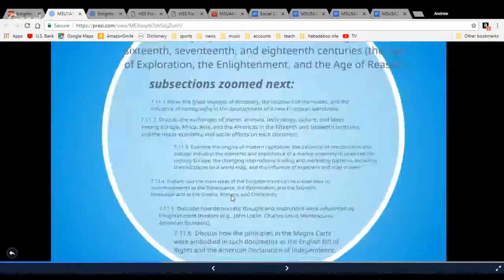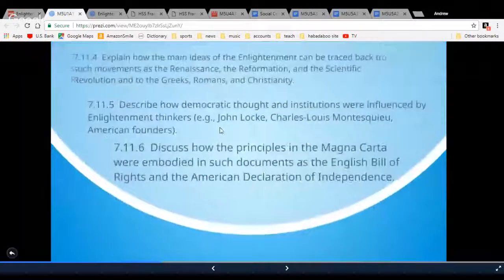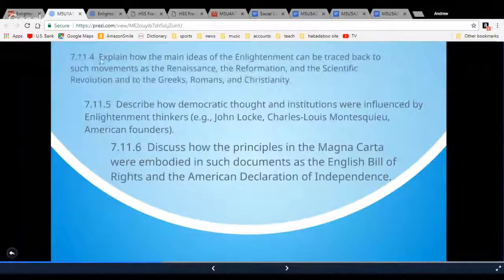These last three standards really deal with the Enlightenment: explain, describe, discuss. Those action verbs stay in my formative assessments, but some of the content in the standards, like influential Enlightenment thinkers, Locke, Montesquieu, I realized is going to have to be de-emphasized, and you'll see what I'm talking about.